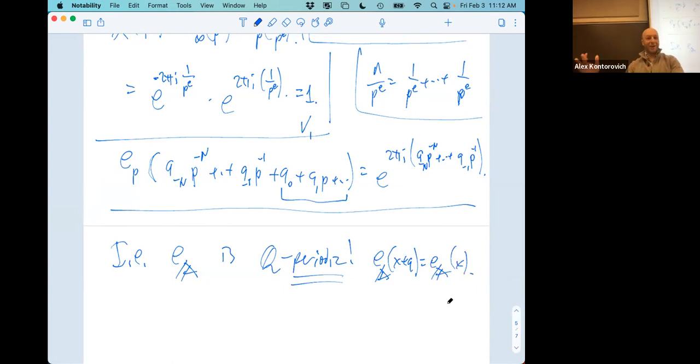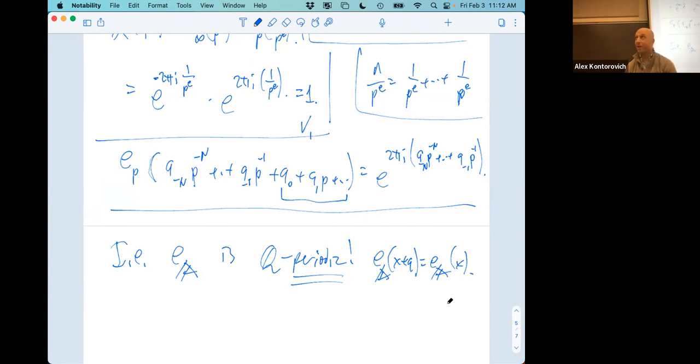So it's periodic under additive translation by Q, in the same way that e to the 2 pi i x is invariant under translation by Z. This is really weird, but when you phrase it that way, it makes a lot of sense.